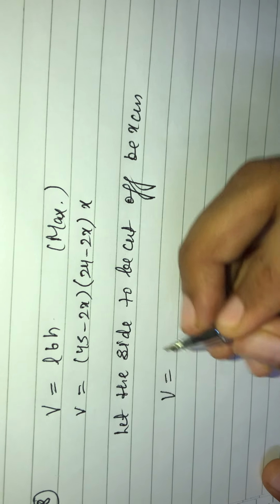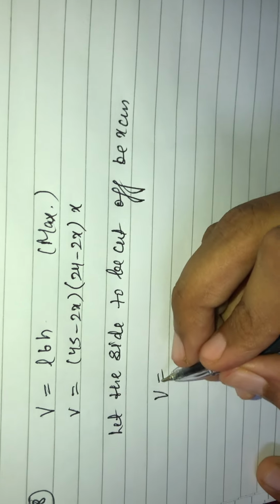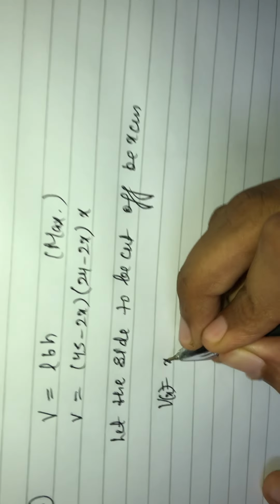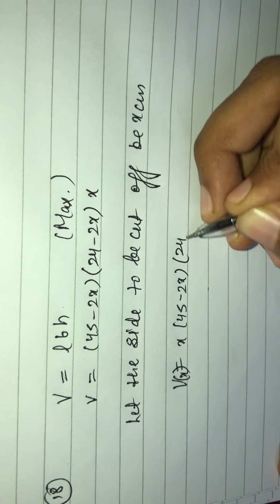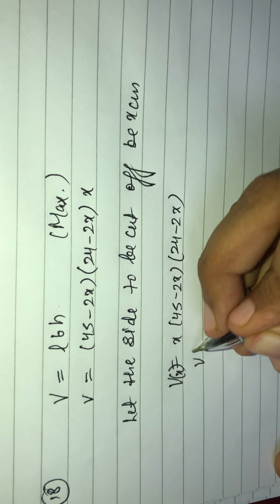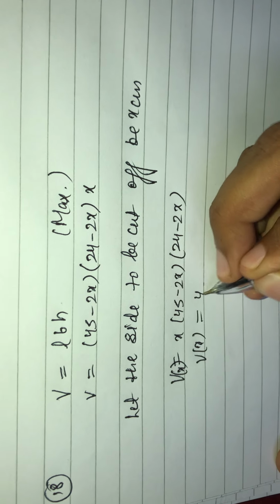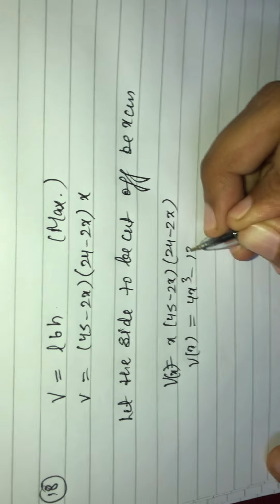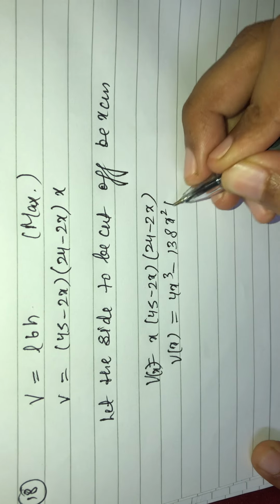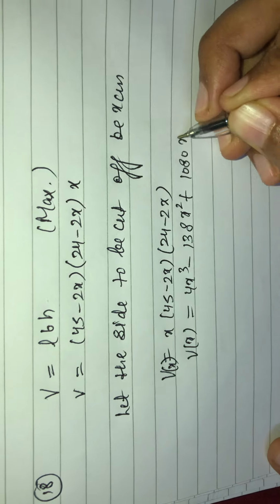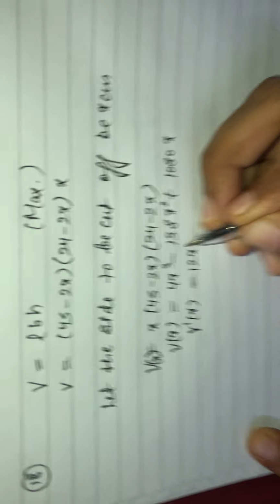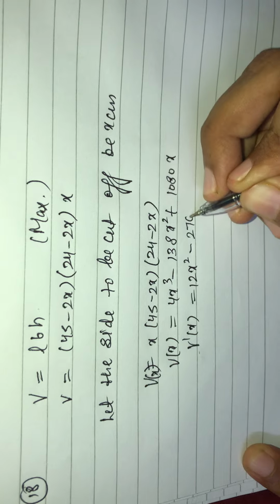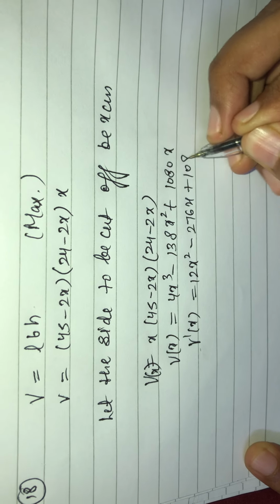Now the volume is given by this. Now V of x is x into 45 minus 2x into 24 minus 2x. After solving I am getting 4x cube minus 138x square plus 1080x. So V dash x will be 12x square minus 276x plus 1080.